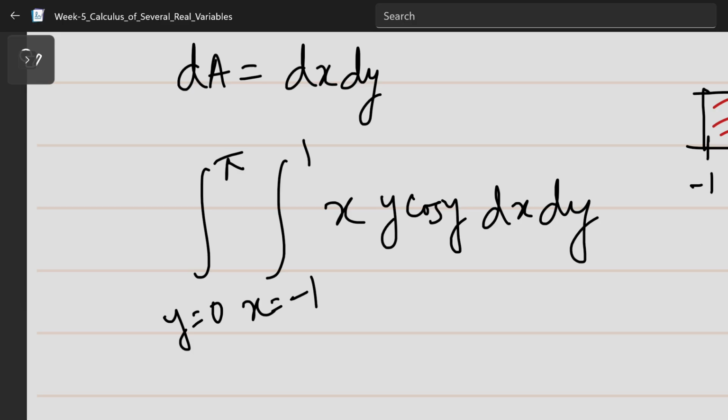So here, both horizontal and vertical strip, this small strip, is called a strip. Both horizontal and vertical strips will give you the same answer as it is a rectangular area.